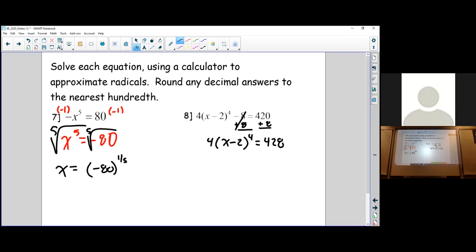Okay. We're trying to isolate x. Maybe what should we do next? Divide by 4. Good. Divide both sides by 4. 4 goes into 428 107 times.